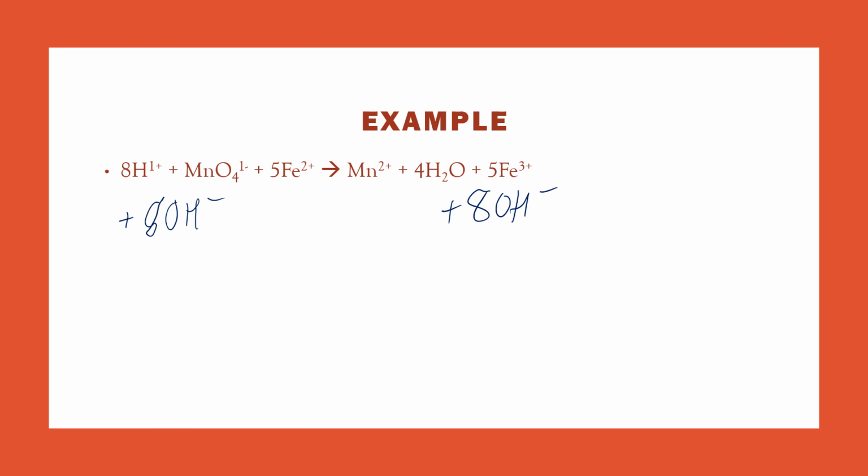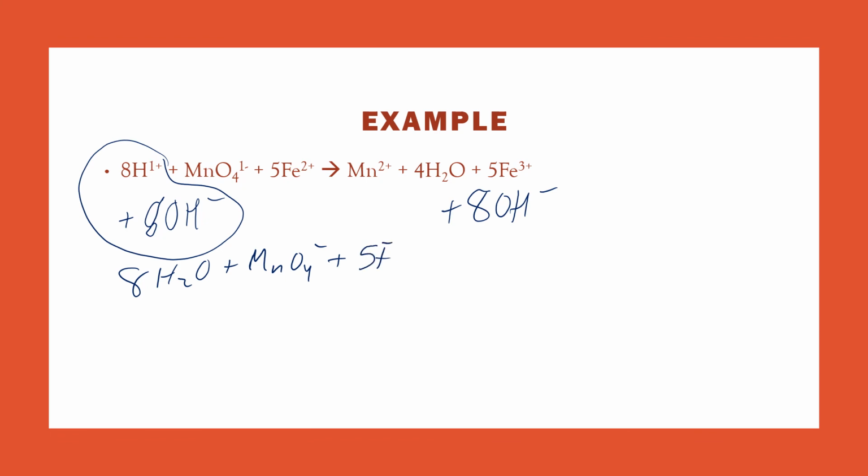The hydrogen ions and the hydroxide ions will combine to form water. So I have 8 water molecules plus the MnO4- plus the 5 Fe2+ ions yields Mn2+ plus 4 H2O plus 5 Fe3+ plus 8 hydroxide ions.